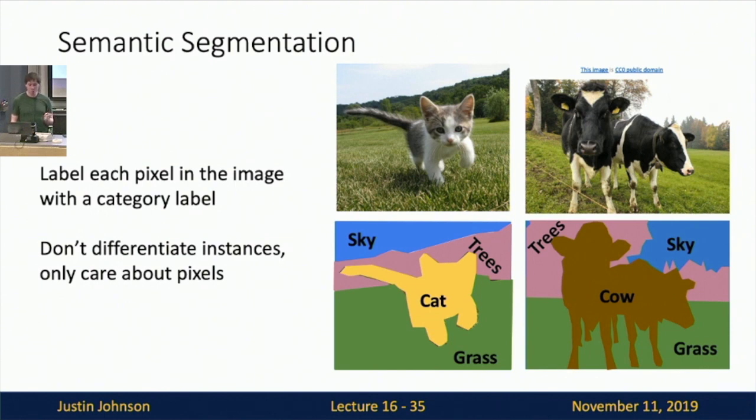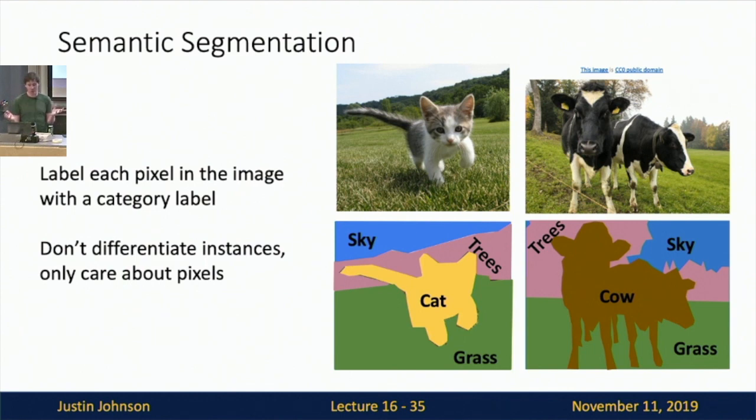And one important point to make about this semantic segmentation task is that it's not aware of different object instances. The only thing it does is label all the pixels in the image. So what that means is that if we've got two objects of the same category next to each other in the image, like these two cows in this example on the right, then semantic segmentation does not distinguish the two instances of the category.